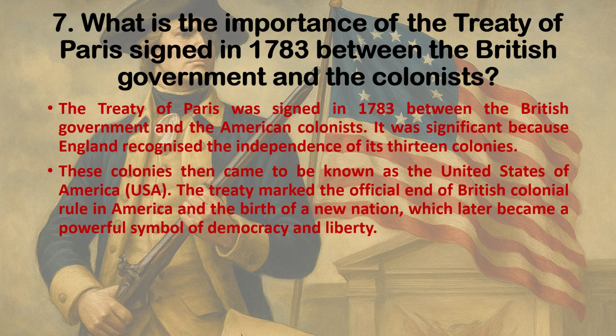These colonies then came to be known as the United States of America, USA. The treaty marked the official end of British colonial rule in America and the birth of a new nation, which later became a powerful symbol of democracy and liberty.